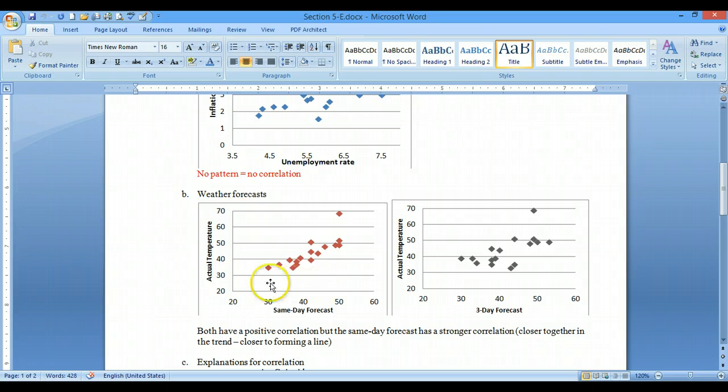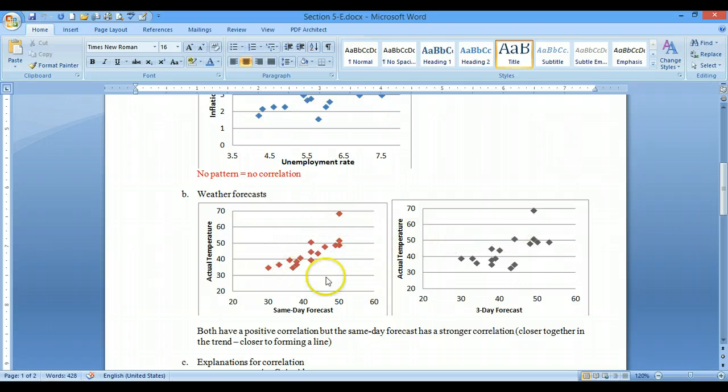This is weather day forecasts. Over here I have the actual temperature versus the same day forecast. Over here is the actual temperature and the 3-day forecast. They're actually looking pretty similar. This one's a little more tight than this one, which would make sense. The same-day forecast should be a little more accurate versus the 3-day, but they're both following a trend going up in a slanted upward line, which would be a positive correlation.